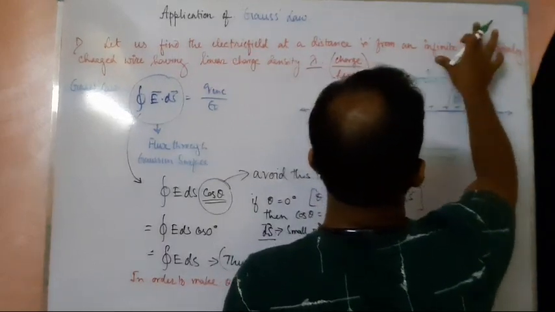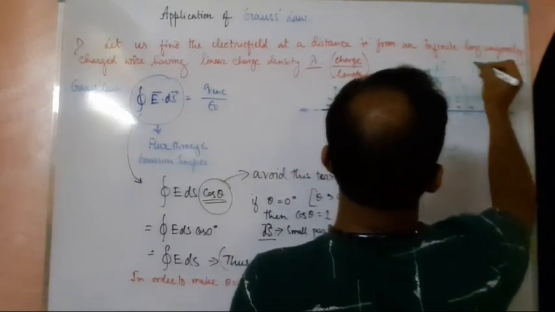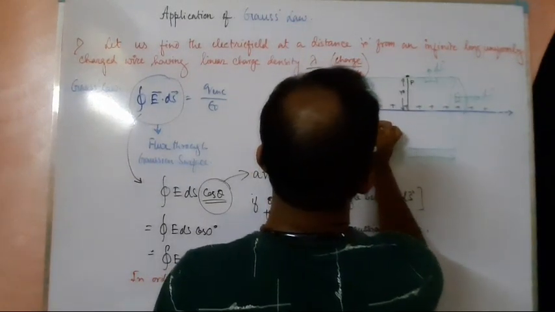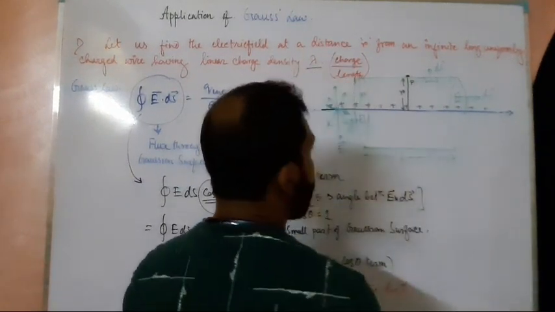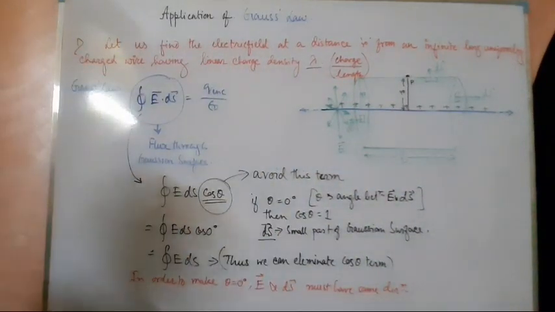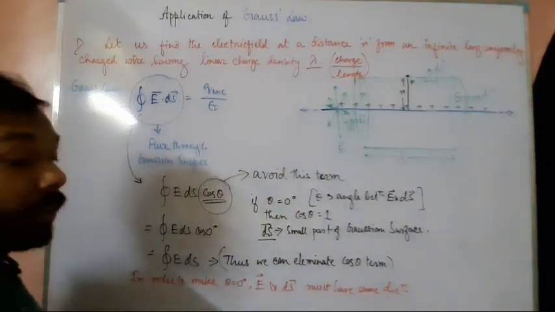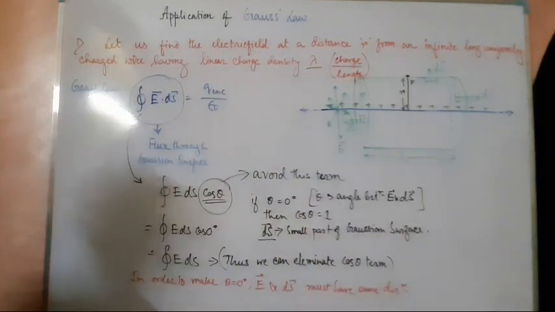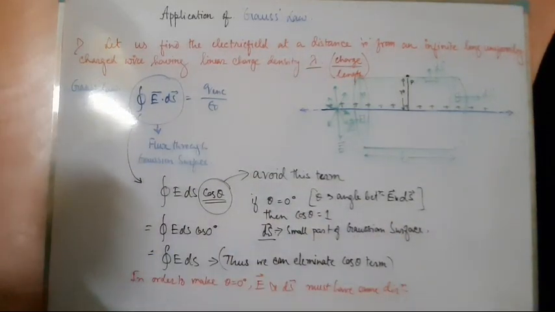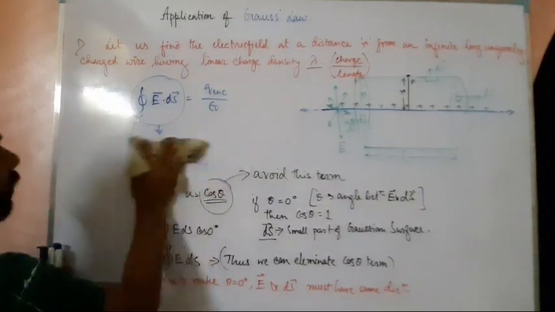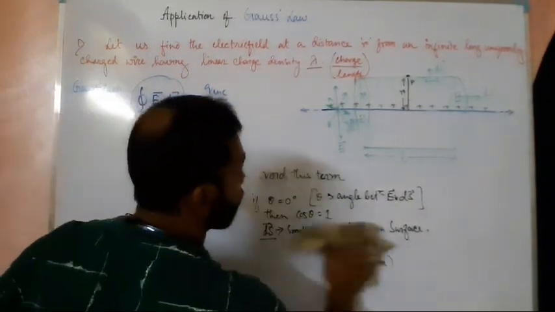These are ds vectors. Also, we can have ds in this direction too. So, in order to find the electric field, we must choose a Gaussian surface which is a cylindrical one. So these are things that have to be kept in mind, and for the sum, we're just continuing after that.